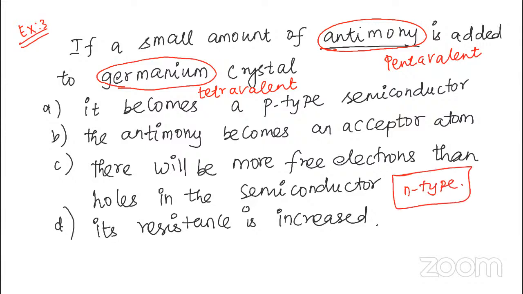For N-type, which one is the majority carrier, electrons or holes?